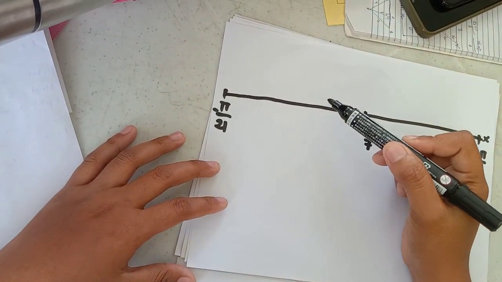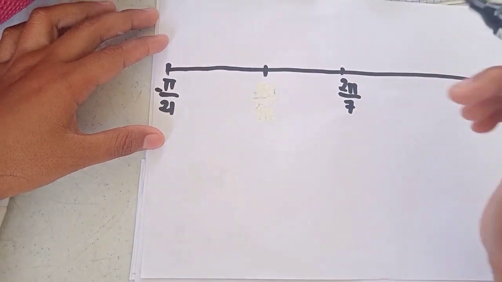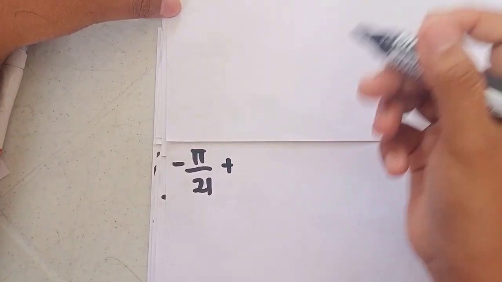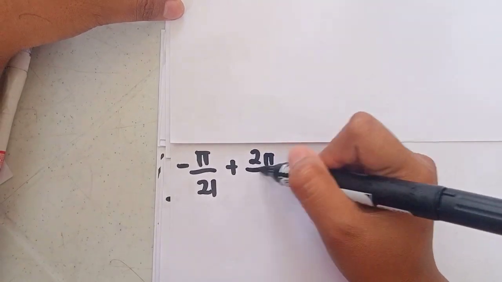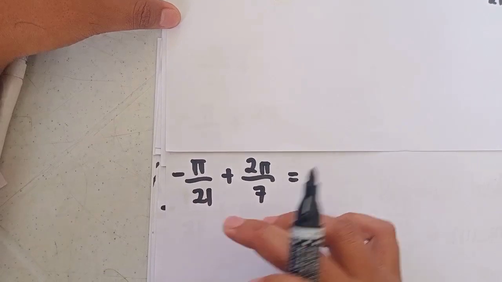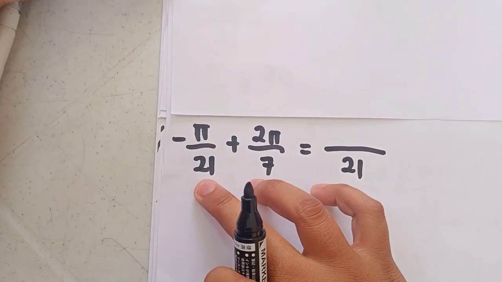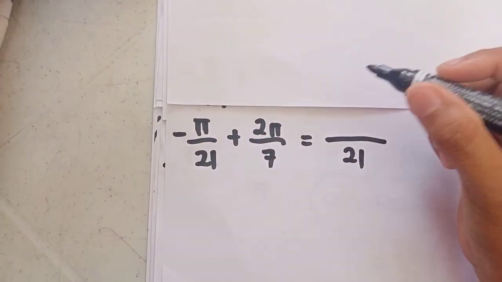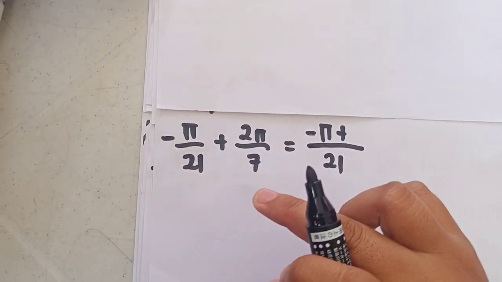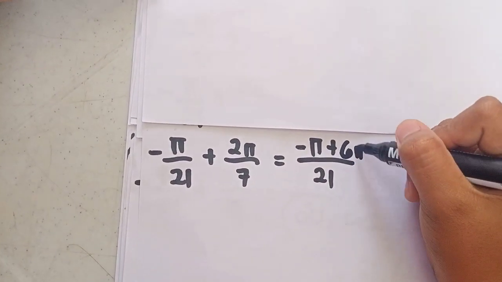Then to get the point here, we need to add the phase shift and the midpoint, then divide by 2. Our phase shift is negative pi over 21, plus the midpoint, 2 pi over 7. As we notice, they have different denominators, so get the LCD, which is 21. 21 divided by 21 equals 1 times negative pi equals negative pi, plus 21 divided by 7 equals 3 times 2 pi equals 6 pi.